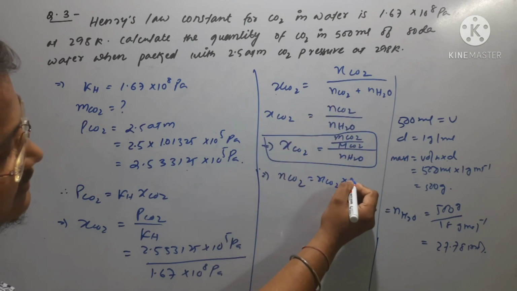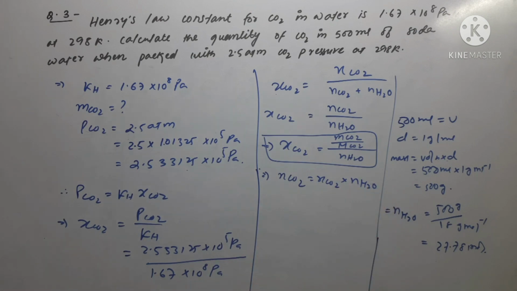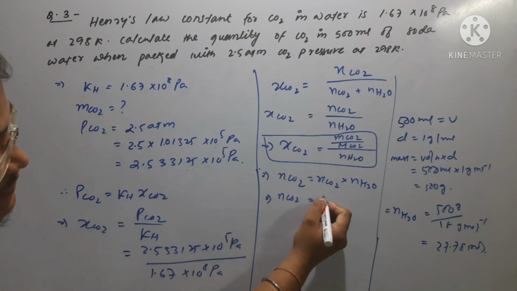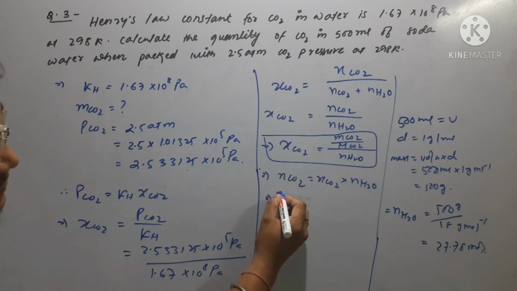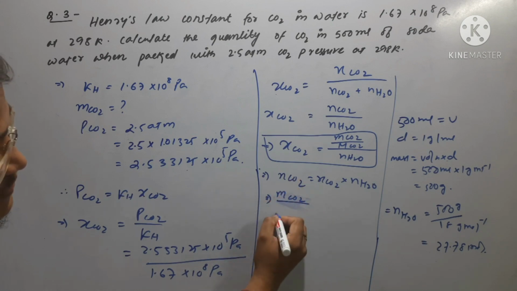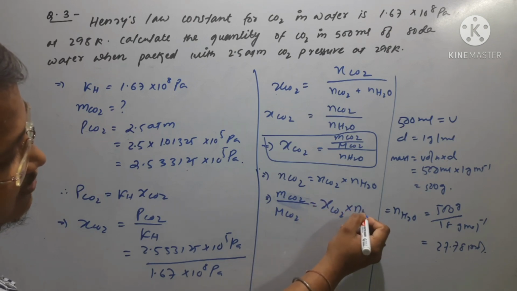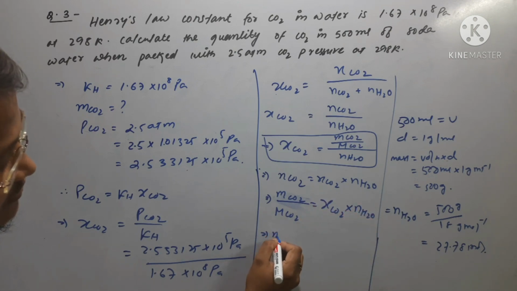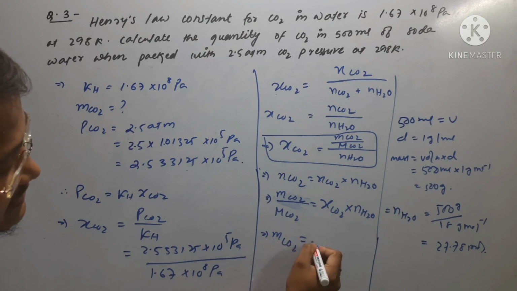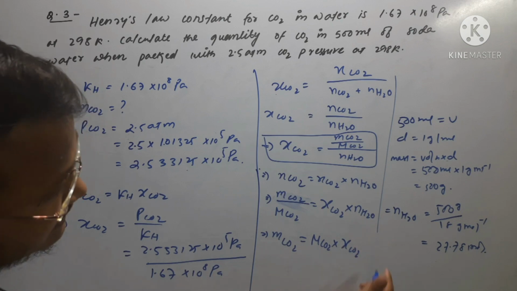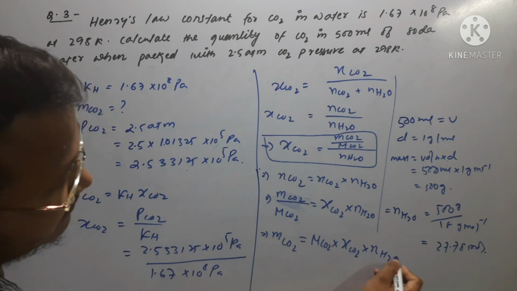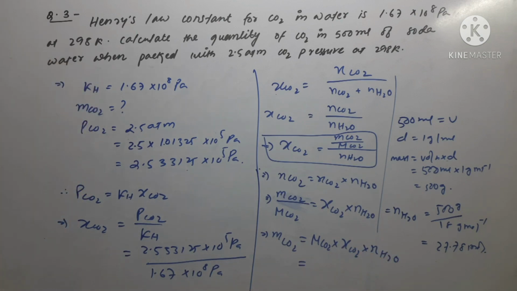X of CO2 into mole of H2O, right? We can do that. So n of CO2 equals, in this value we can write small m of CO2 divided by capital M of CO2, equals mole fraction of carbon dioxide into mole of water. So mass of carbon dioxide equals the molar mass of carbon dioxide into mole fraction of carbon dioxide into mole of water.